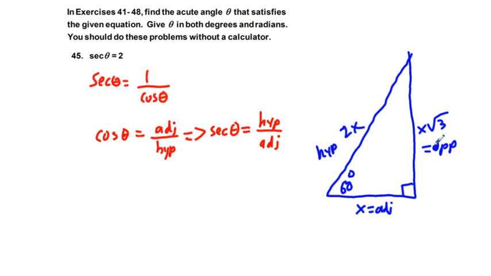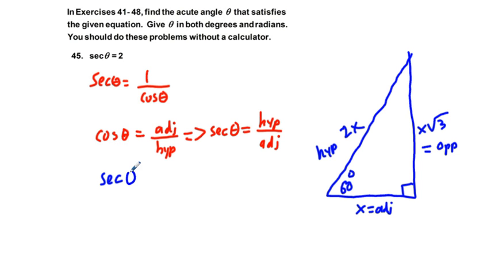Now, if we look at this value of 2, we're looking at where hypotenuse over adjacent equals 2. Well, if we have the secant of this angle, 60 degrees, I'll say just secant theta, because we haven't identified what theta is.